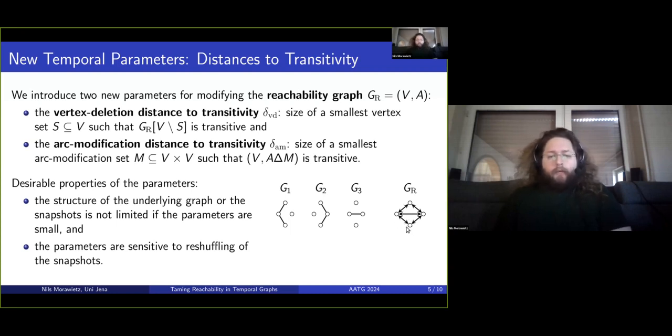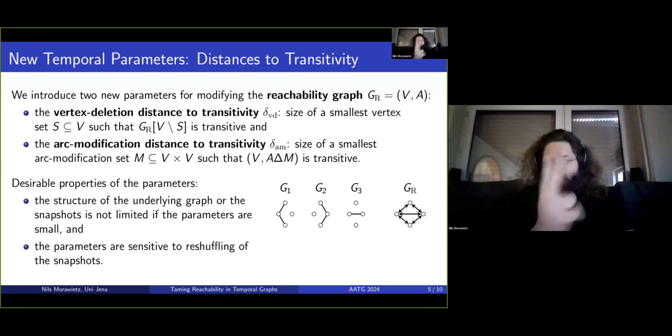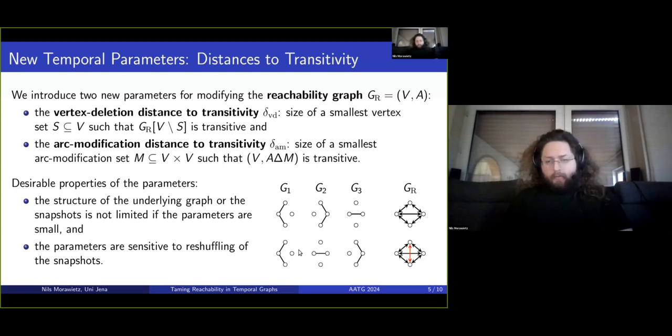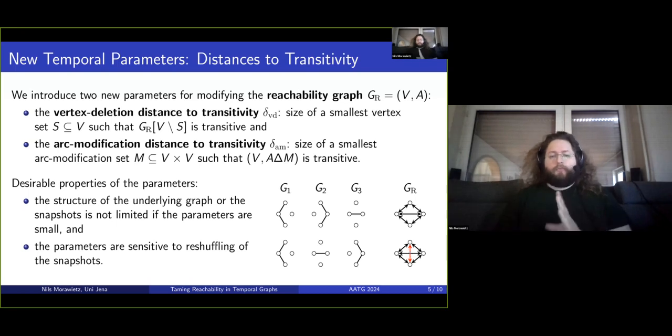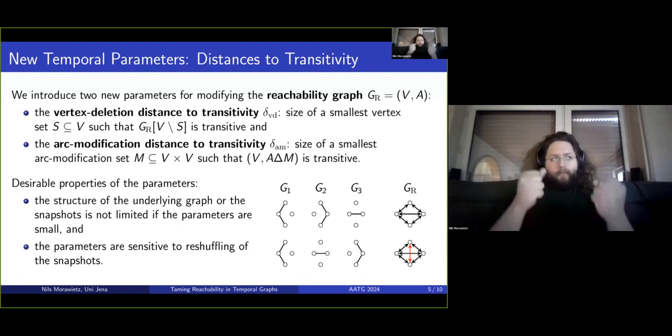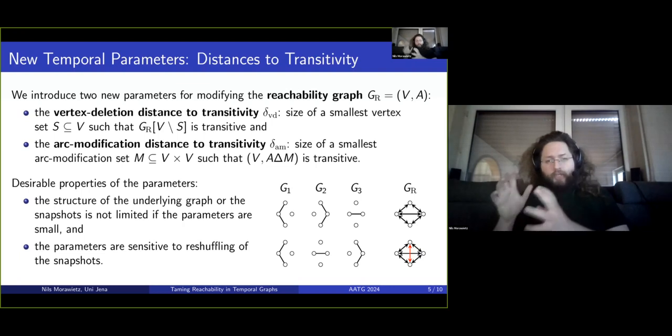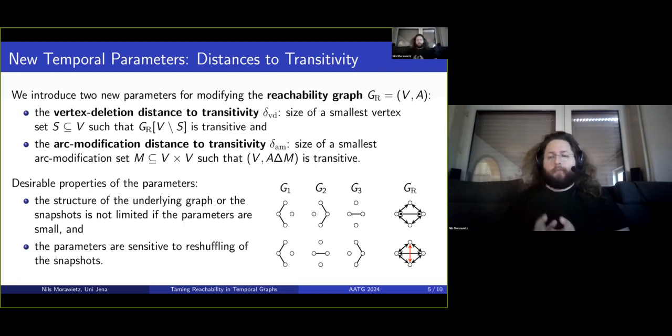Reshuffling of the snapshots now means that if I take snapshots 2 and 3 and just flip them in the order of snapshots, so have this temporal graph over here, then suddenly the reachability graph is a bidirectional clique, which means it is transitive. So changing the order of the snapshots, varying the temporal graph itself, changes the actual value of these parameters.